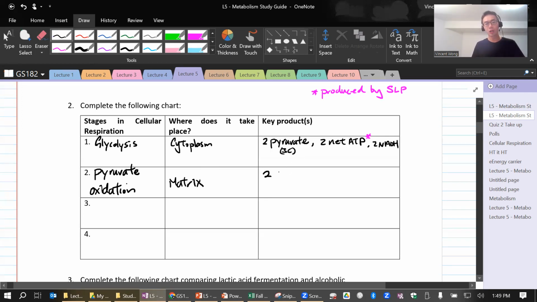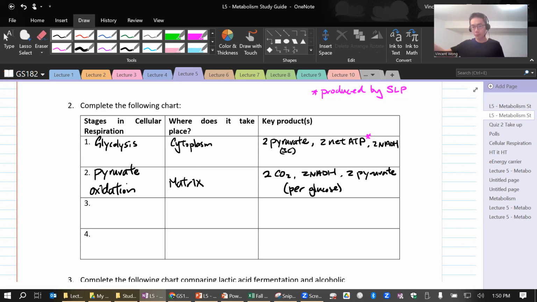We have 2 carbon dioxide, 2 NADH, and 2 pyruvate. Right? This is per glucose. Because each glucose makes 2 pyruvate, and each pyruvate will be releasing its own carbon dioxide, right? So there are a total of 2 carbon dioxides, 2 NADH.